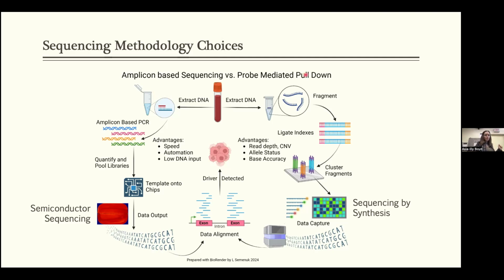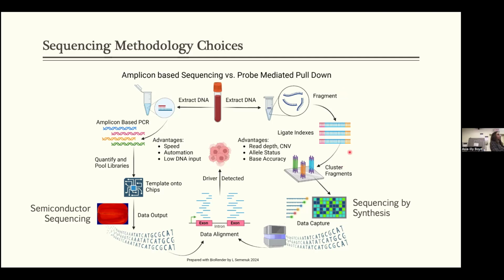Now, what about this probe-mediated pull-down? In this method, we take that extracted DNA, and instead of amplifying it, we chop it into presumably random pieces, meaning they're all different sizes. Then we ligate indices. There are a couple of cleanup steps, and we make sure that the library is now all the same size.